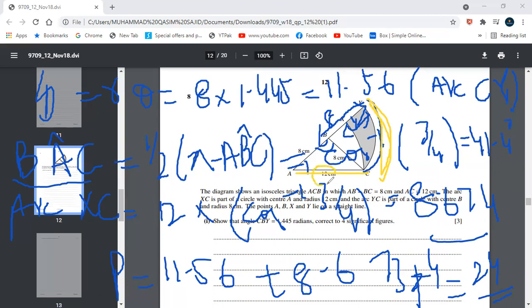AC is 12, and the cos value of the angle was 3/4, so it equals 8/64. So from here the value equals 11 point, this is the 11.56. This is AC, XC, and then AY. So this must be the shaded region.